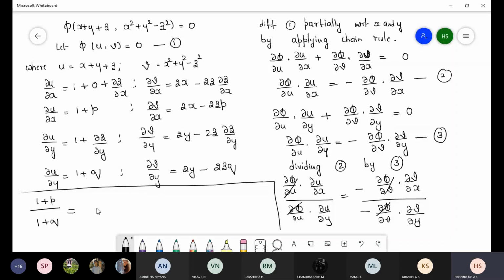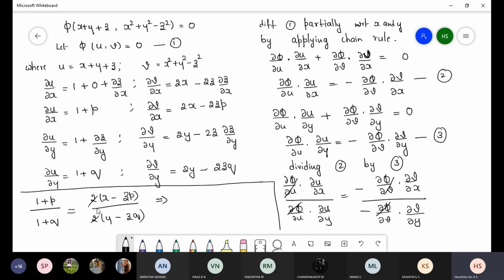Dou v by dou x, here I take 2 as a common, so 2(x minus zp), divided by dou v by dou y, 2(y minus zq). 2 will get cancelled. Again cross multiply.